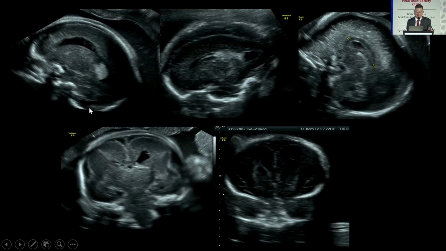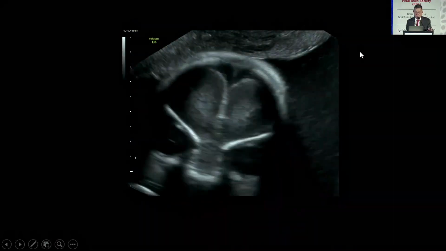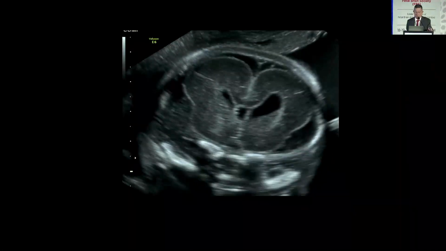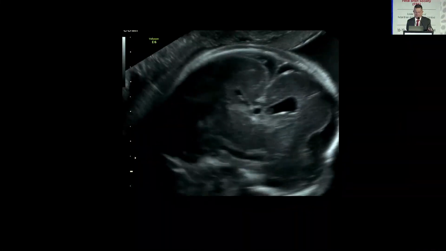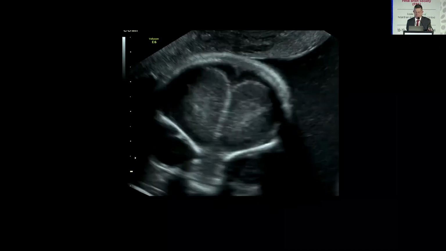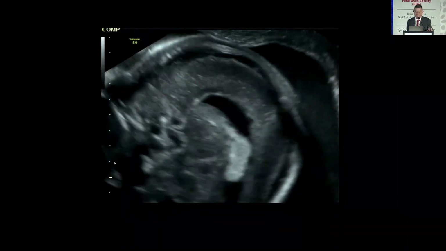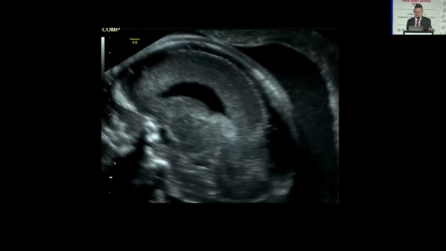I was not completely sure, so we called back the patient at 21 weeks and 2 days, and now we start seeing something very characteristic: the quadrangular shape of the lateral ventricle and the presence of the irregular pattern. It starts to have ventriculomegaly. The corpus callosum was apparently normal, and this is the image at 21 weeks. It's much clearer. Again, it can be missed.